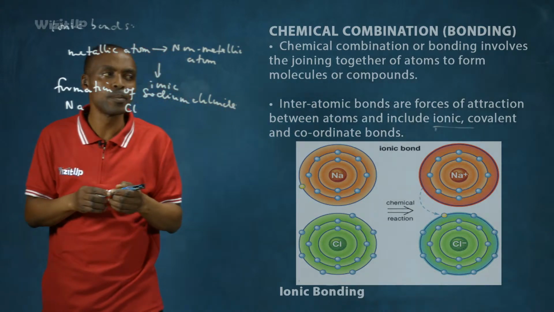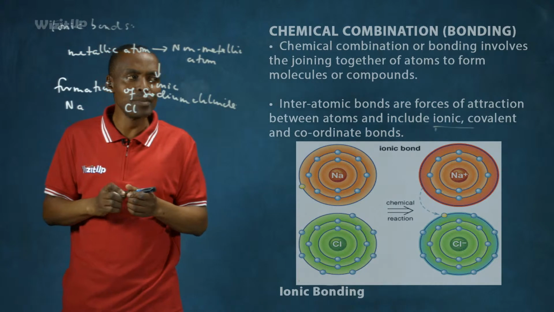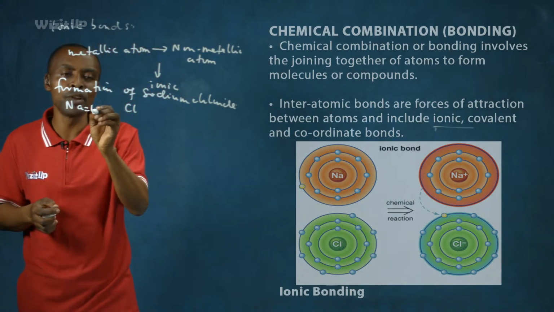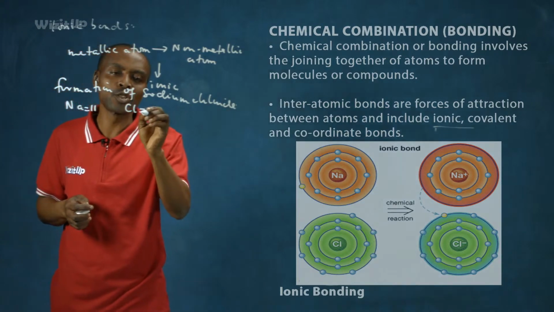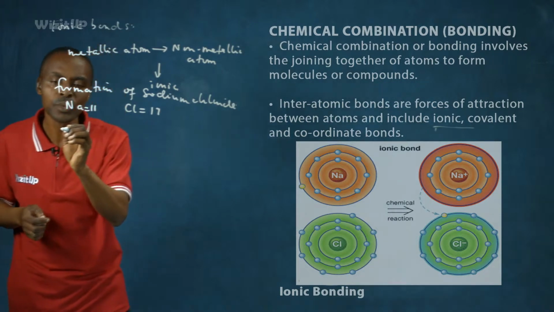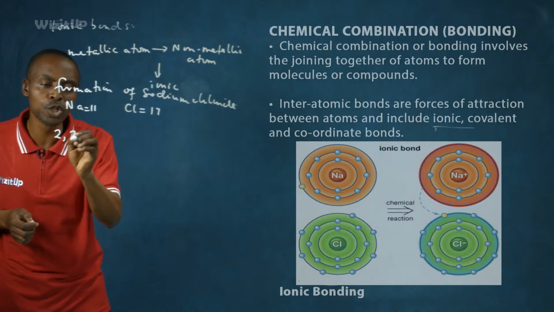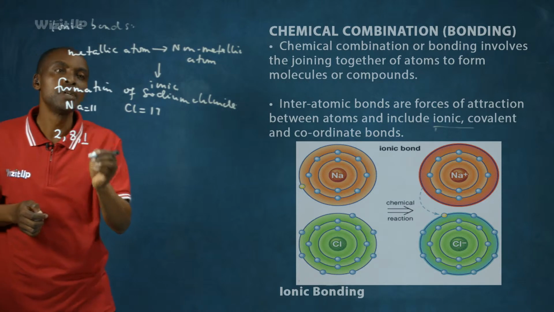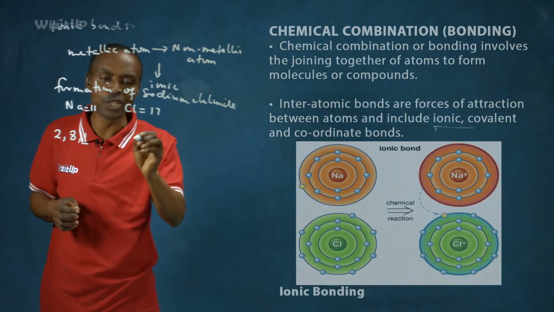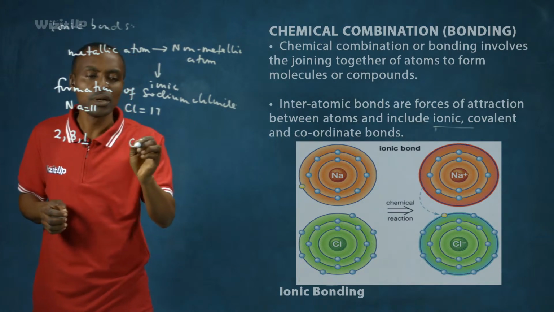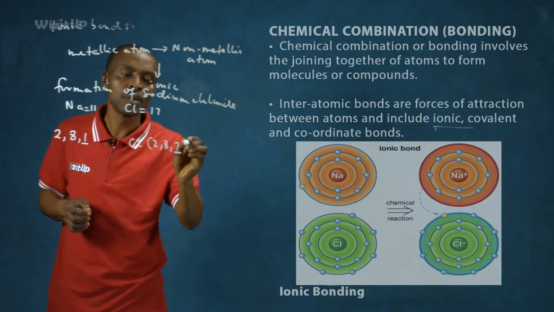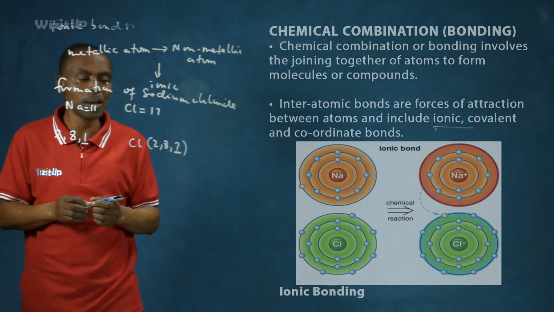In this arrangement, we notice that the sodium atom has an atomic number of 11 and the chlorine atom has an atomic number of 17. It is possible for the sodium atom to lose its valence electron, or outermost electron, to the chlorine atom with electronic configuration of 2, 8, 7, having 7 electrons in the outermost shell.